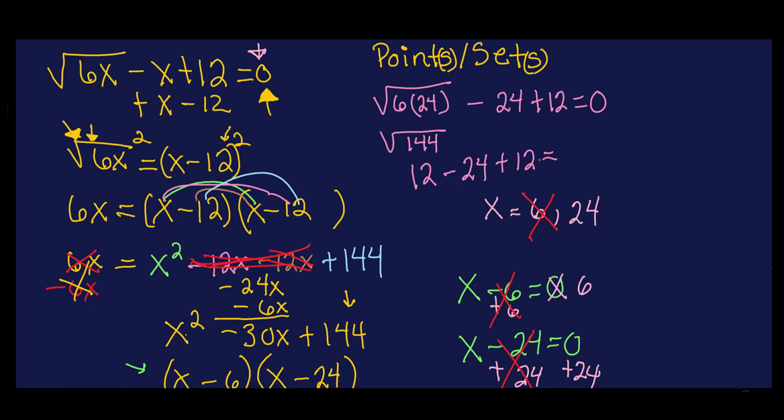So we got 12 minus 24, which will give us negative 12. And then negative 12 plus this 12 here will give us 0. Okay, you see what I did there? 12 minus 24 is negative 12. Negative 12 plus 12 is 0.